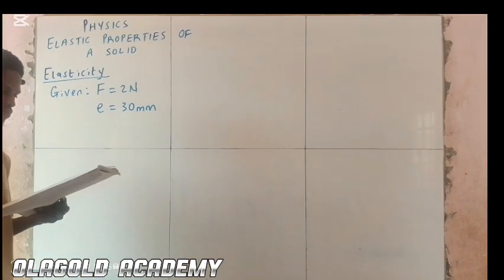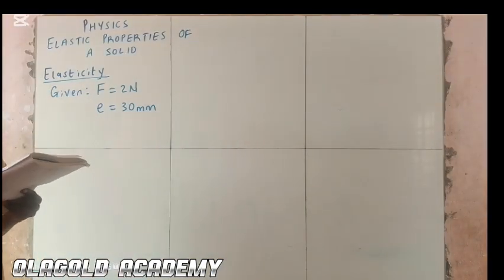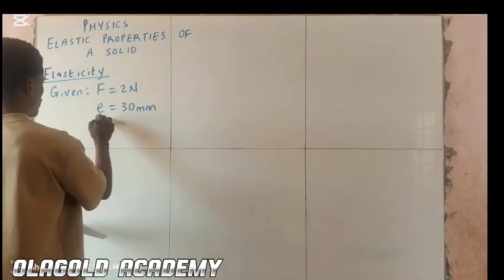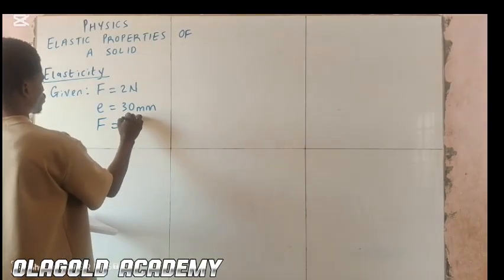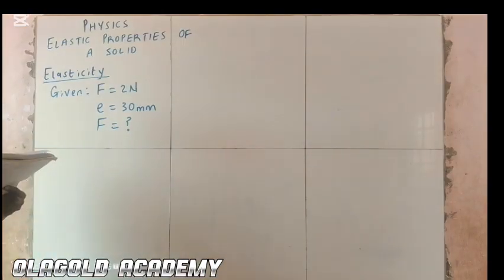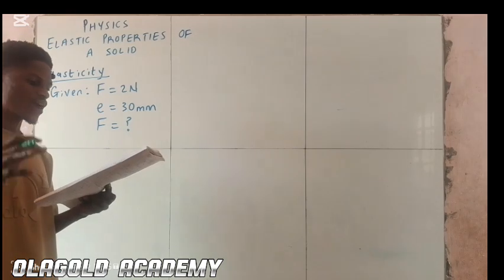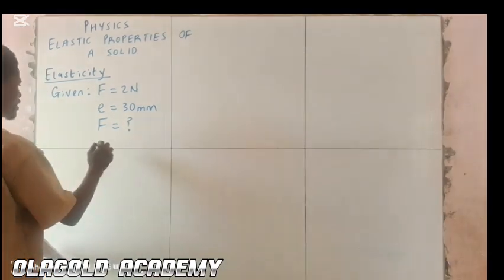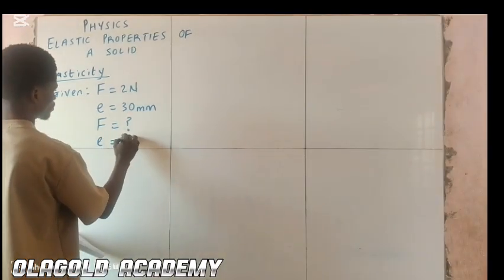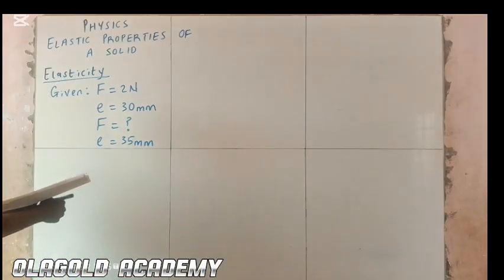The question says, what additional force? So another F is question mark. What additional force will stretch the material by 35 millimeter? So we're having another extension here to be 35 millimeter.